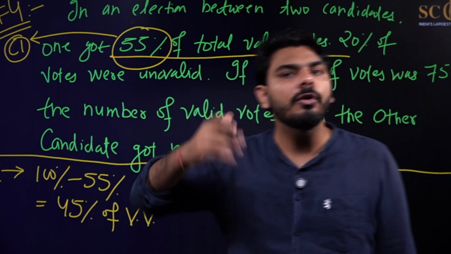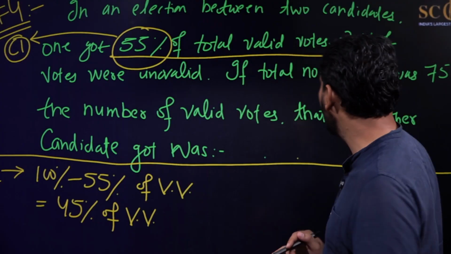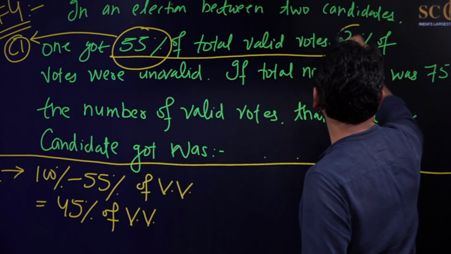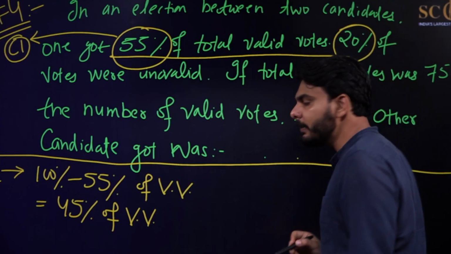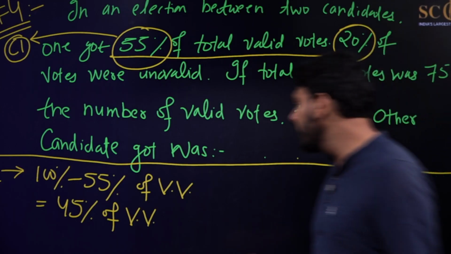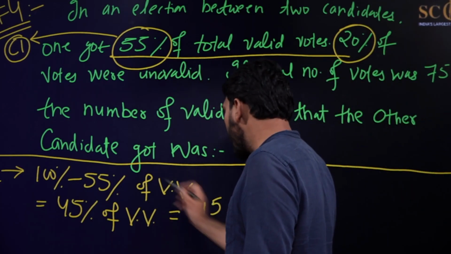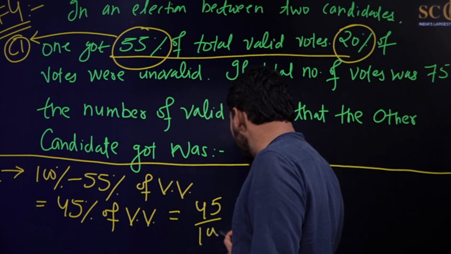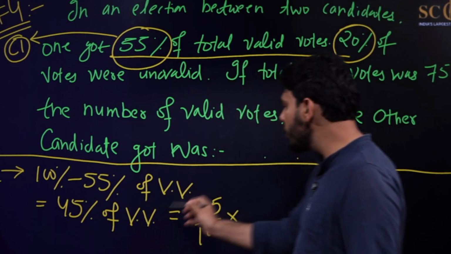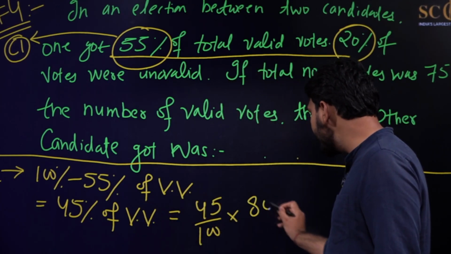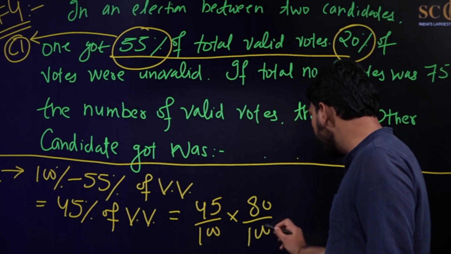So it means valid votes are 80%, isn't it? Because 20% votes are invalid, it means 80% votes are valid. So the other candidate is getting 45% of the valid votes. So what are the valid votes? These are 80% of the total votes.